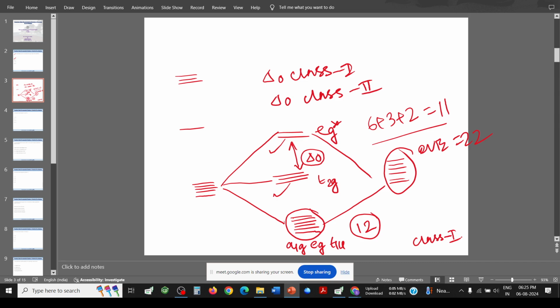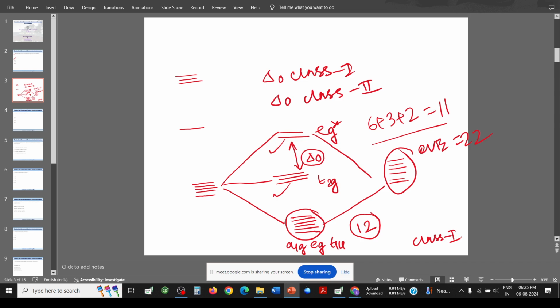We only have our 3d metals and our 4d and 5d metals. So delta O will be greater for class 2, right? Yes, sir. When we are discussing, no ligand is considered for the class 3 only. For class 1 or class 2, we are classifying on the basis of the metal, that is 3d metal and 4d and 5d metal.